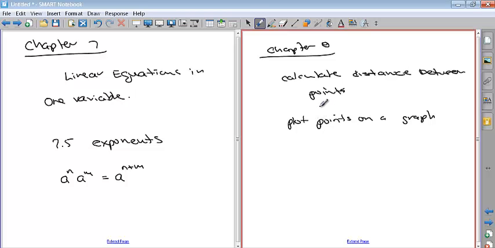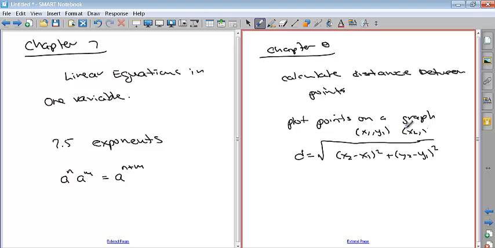So I may give you 2 points, ask you to plot them on the graph, and then calculate the distance between those 2 points using the distance formula, which is equal to the square root of (x2 minus x1) squared plus (y2 minus y1) squared. And the 2 points are (x1, y1) and (x2, y2).